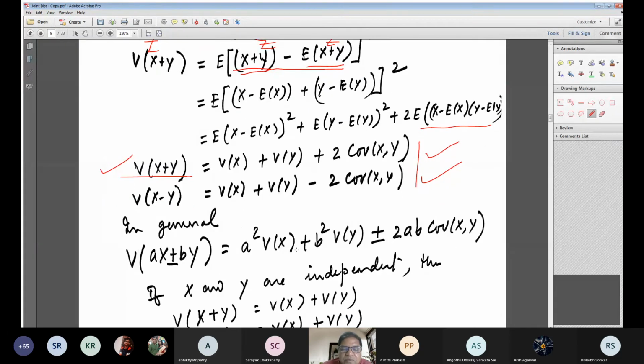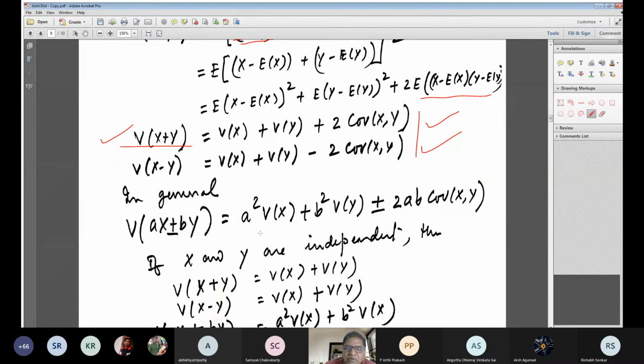The generalization of this result is that if a and b are two constants, the variance of ax plus by, or ax minus by, is a square variance of x plus b square variance of y plus 2ab covariance xy, and if it is minus, it is minus 2ab. You can derive this result, it's not that difficult to derive.